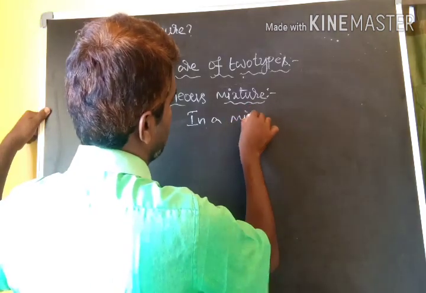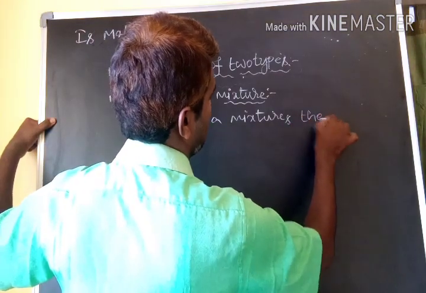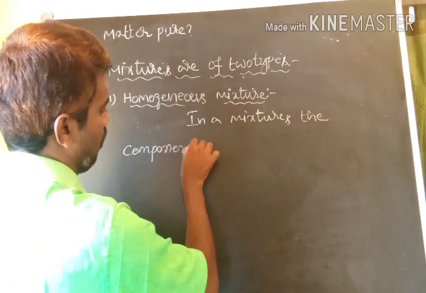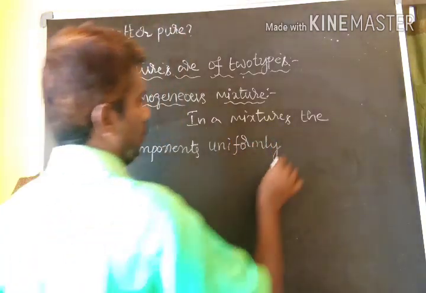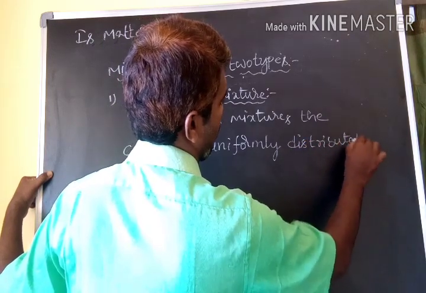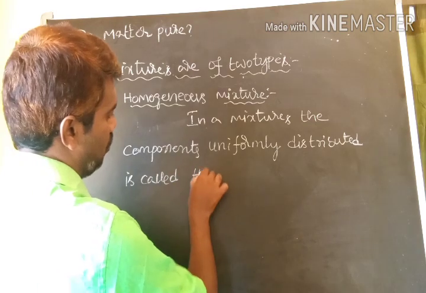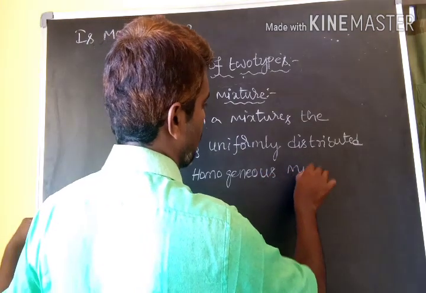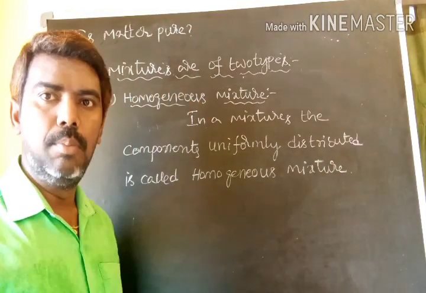In a mixture, if the components are uniformly distributed, it is called a homogeneous mixture.